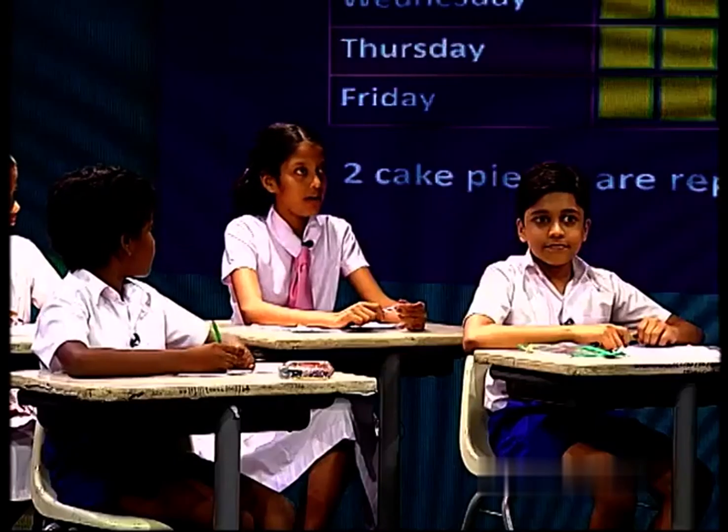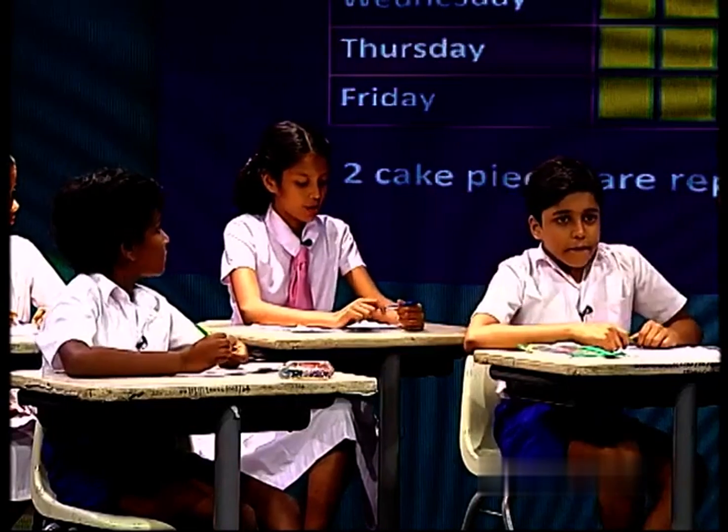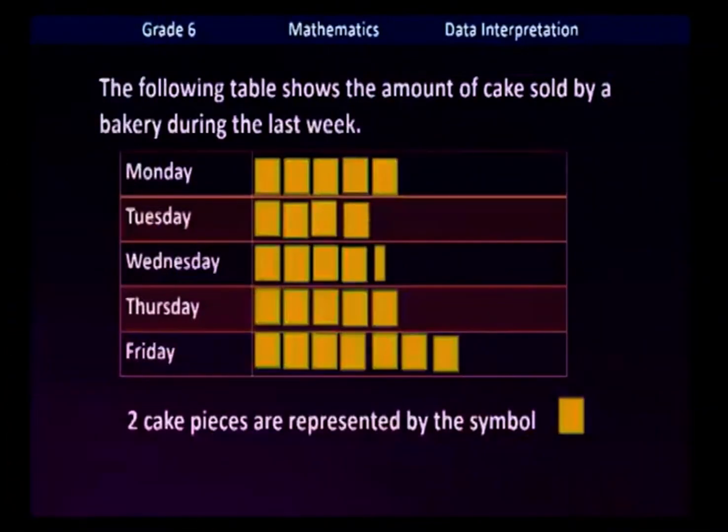Yes, tell me another question, Shenara. When they sold equal amount of pieces of cake. Yes, that is a nice question again. So, he asked when they sold equal amount of pieces of cake. You can see in this picture graph, equal amounts of pieces of cake are represented.